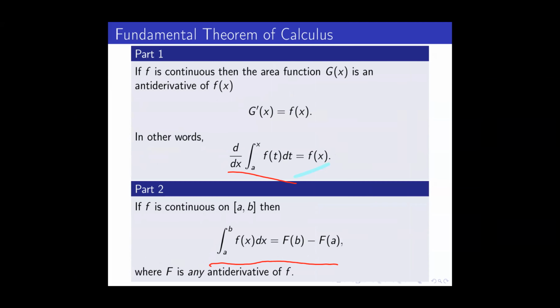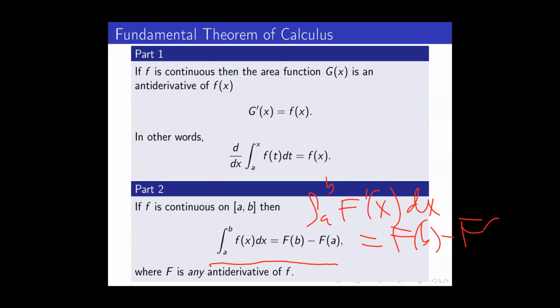Since capital F is an antiderivative of f, you can rewrite this as the integral from a to b of F prime(x) dx, which is equal to F(b) minus F(a). So in other words, if you differentiate, then integrate, you get back the function.